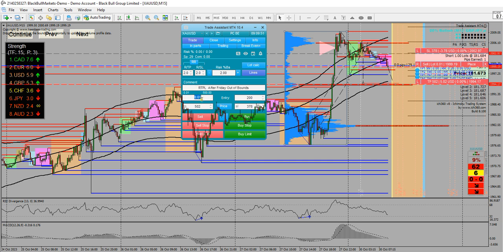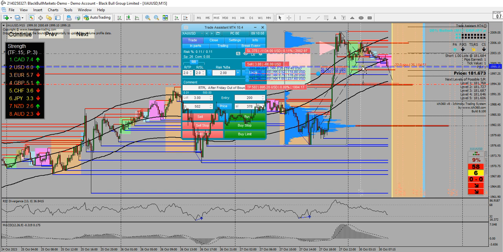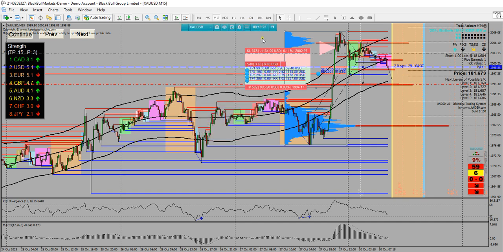We'll just check the lot size. That lot size should be 3. Sell. And we just wait for the money to roll in. I did have a little buffer zone below one of these support areas on my other computer.